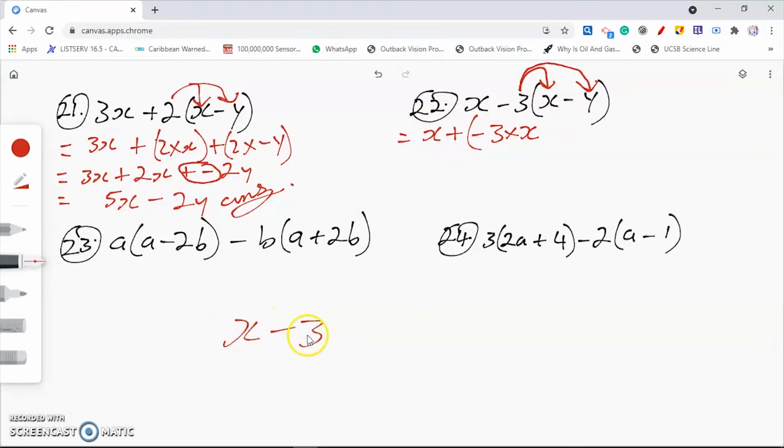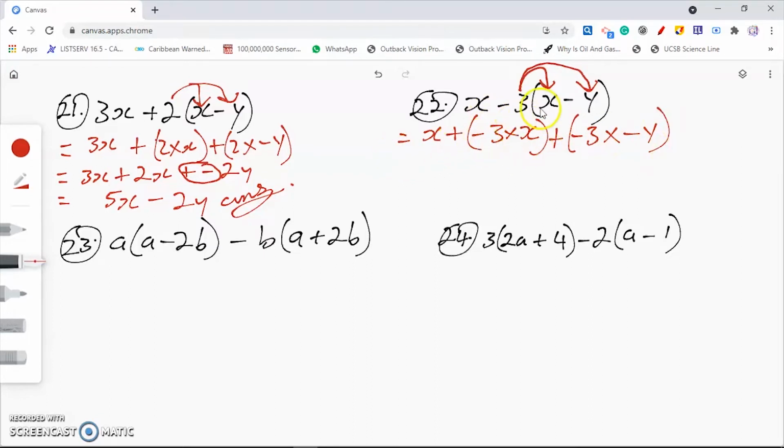So that's why I did that there. Instead of writing x minus, I put x plus and I put the negative 3 inside the bracket. So negative 3 times x, plus negative 3 times negative y.